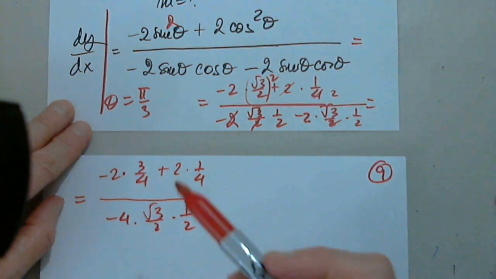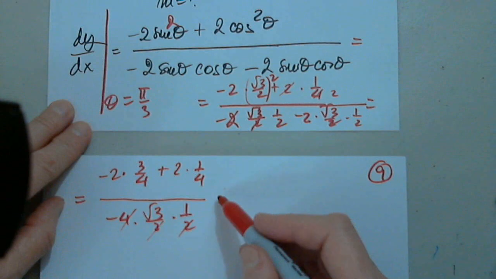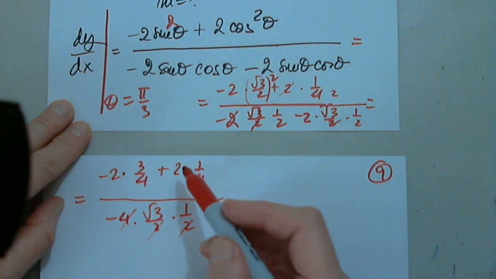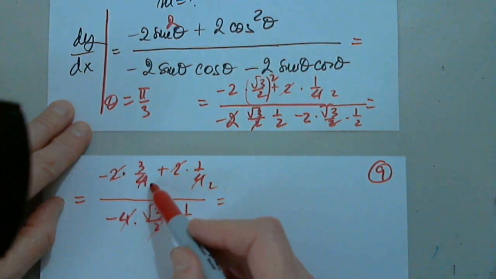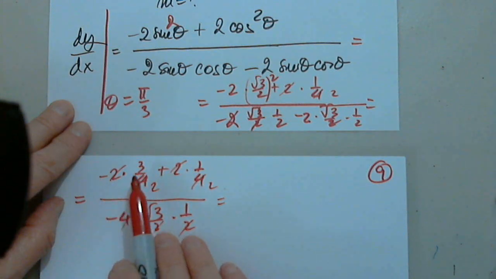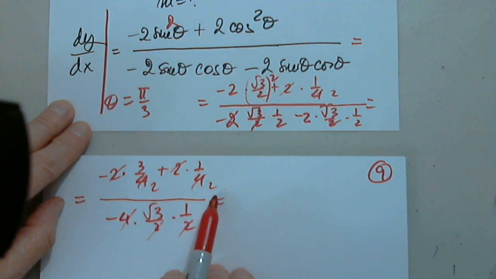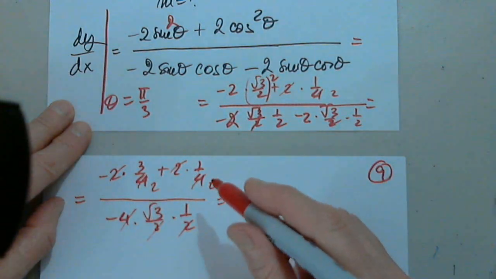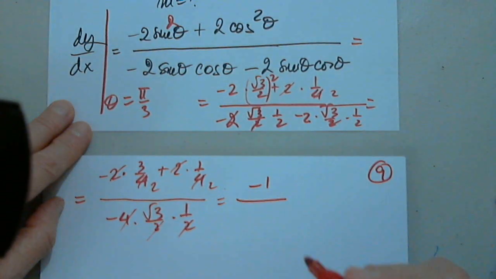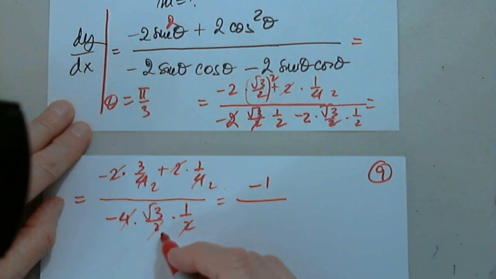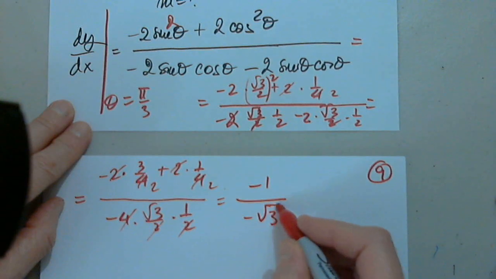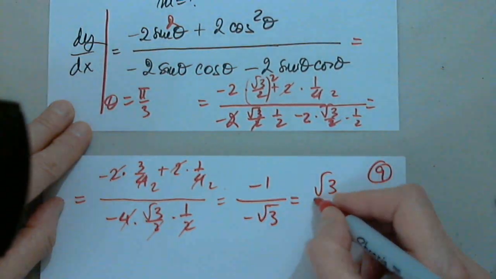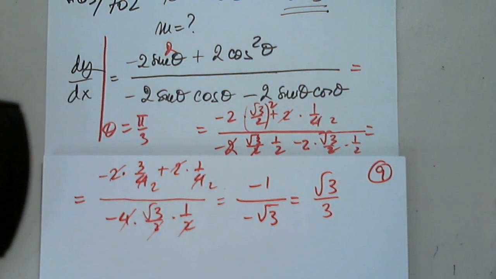So these go away. I still have -3/2 plus 1/2, which is negative 2 over 2, which is negative 1. And the denominator is negative the square root of 3. When I rationalize, I get the square root of 3 over 3. And that is it.